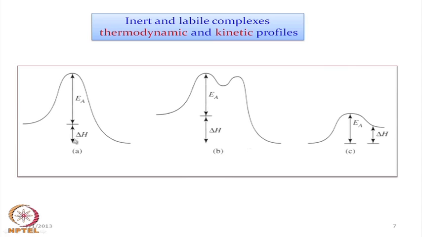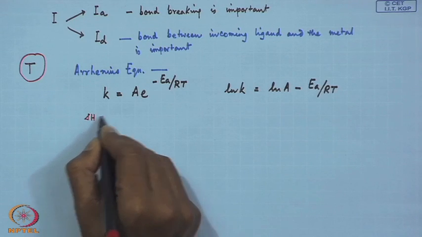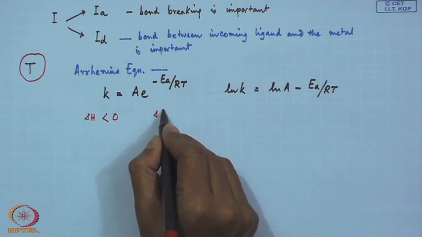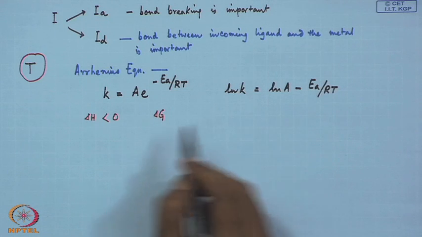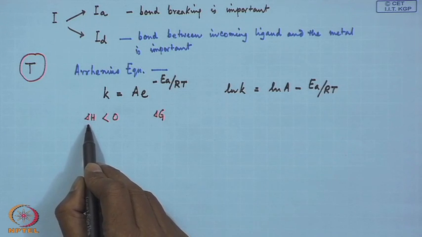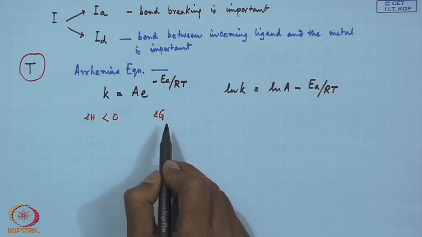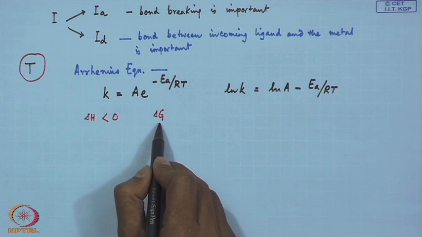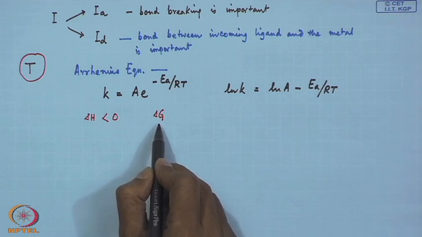If the enthalpy of the reaction is less, that means delta H is less than 0, we can have a large equilibrium constant. Because if delta H is less than 0, we can talk about delta G also, since delta G is related to delta H through T delta S, and the temperature effect is on the entropy term, but the heat of the reaction is directly related to the free energy change of the reaction.